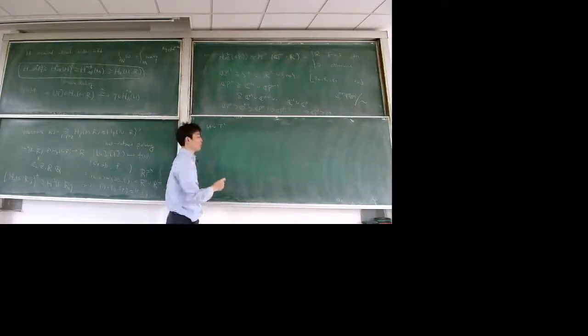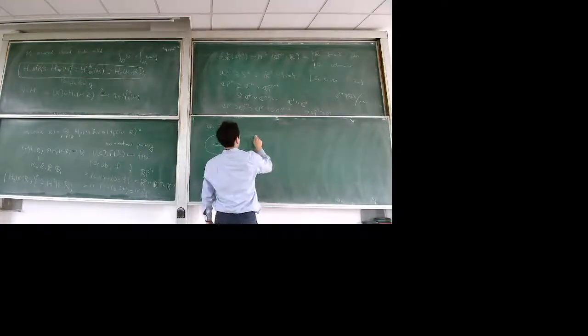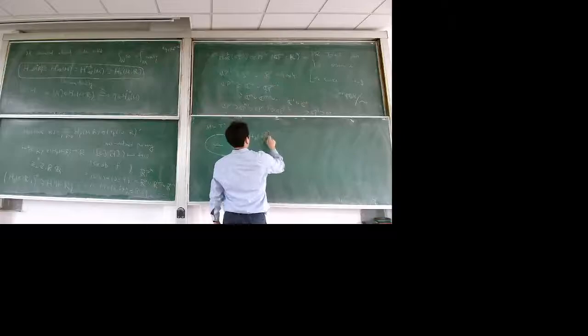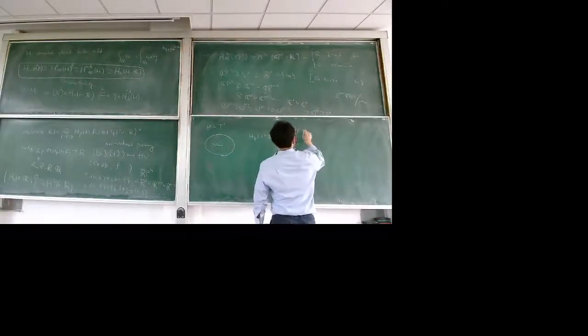What is the homology group of the 2-torus in R coefficients?